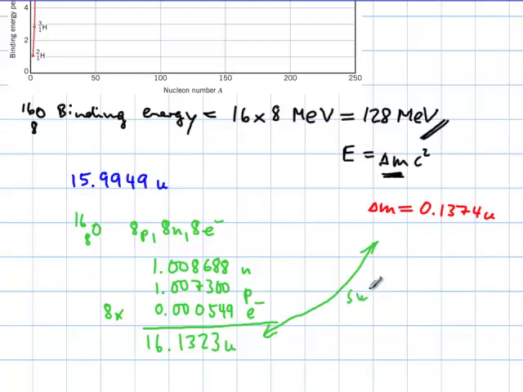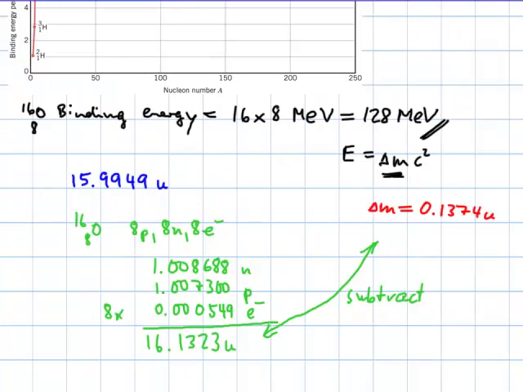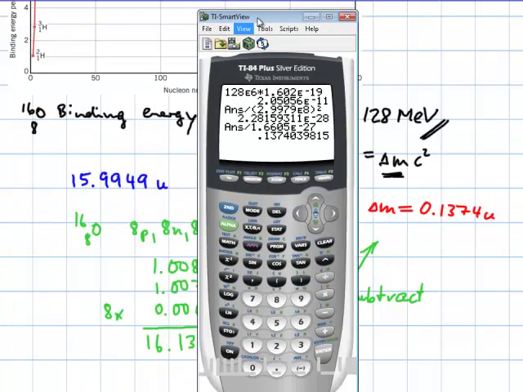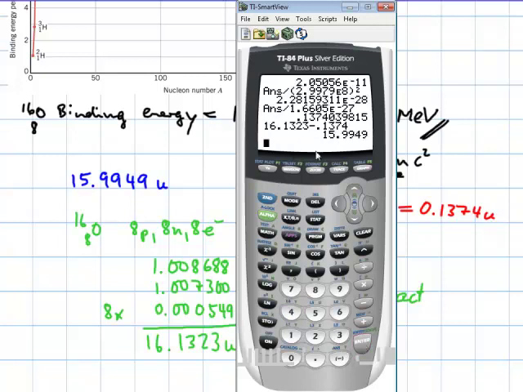After all, it's called the mass deficit. And when I do that, 16.1323 minus 0.1374. And there we go. Oh, right on.